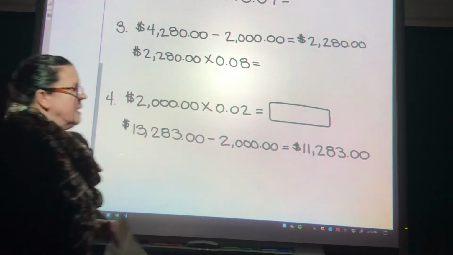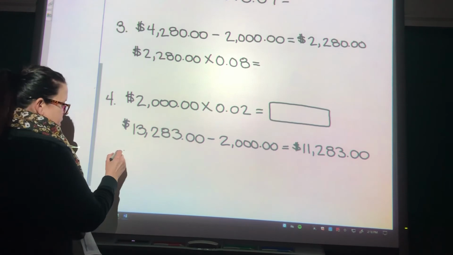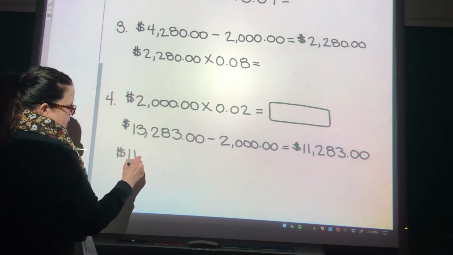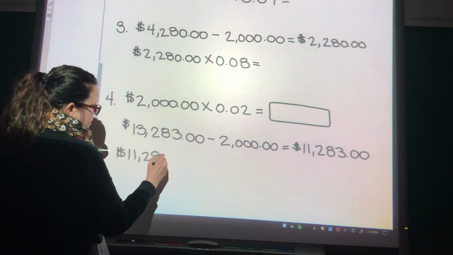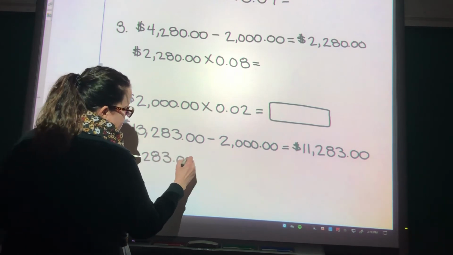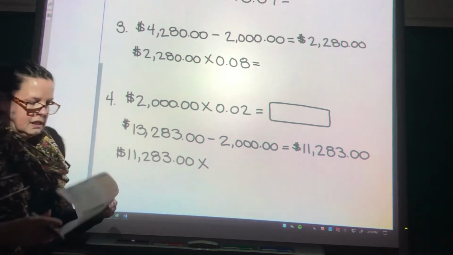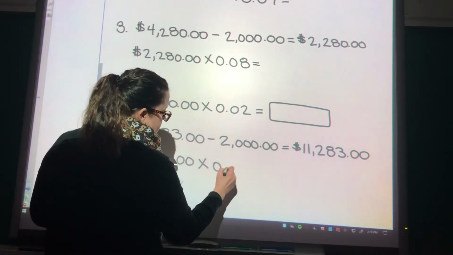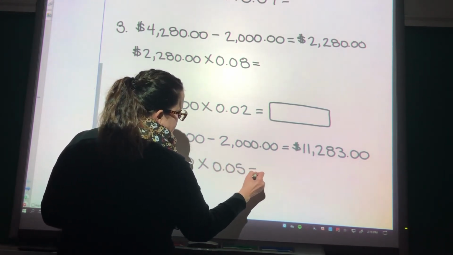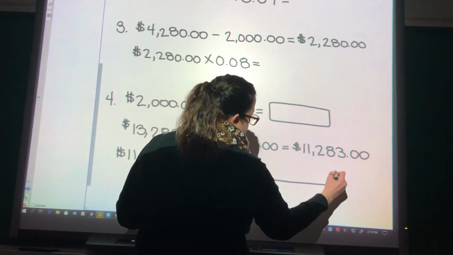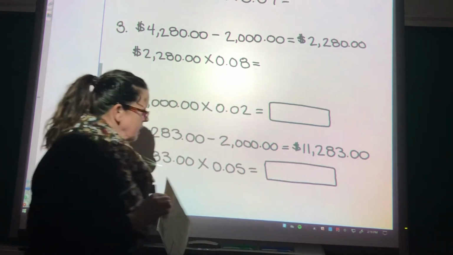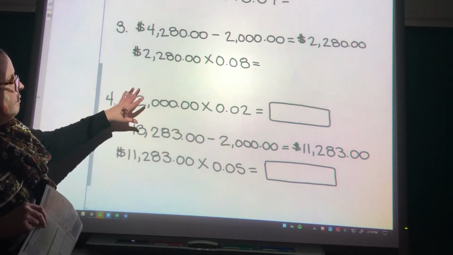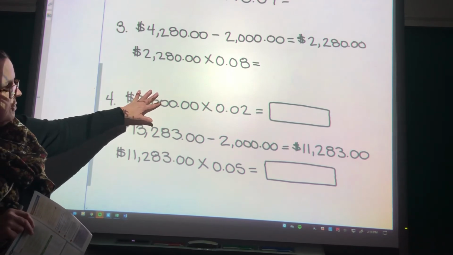Okay, so now on this $11,283, he gets 5%. So 5% as a decimal is 0.05, and then you're going to get that amount. Okay, so this was the amount for the first $2,000.